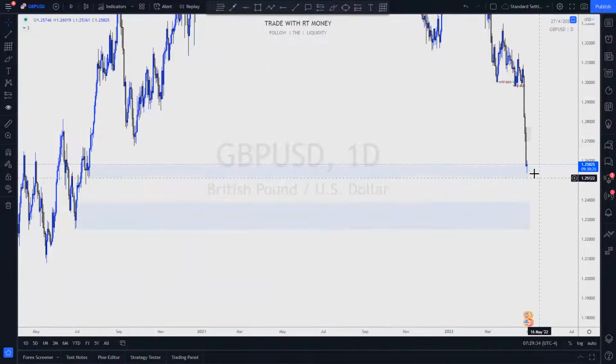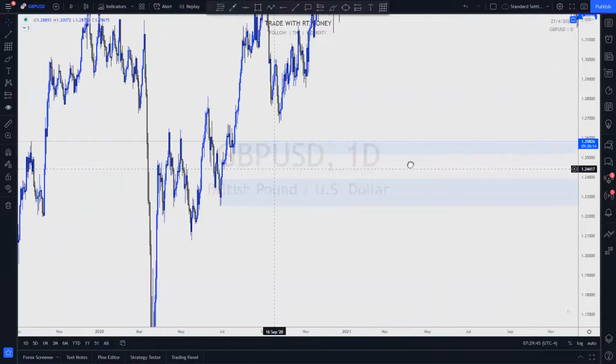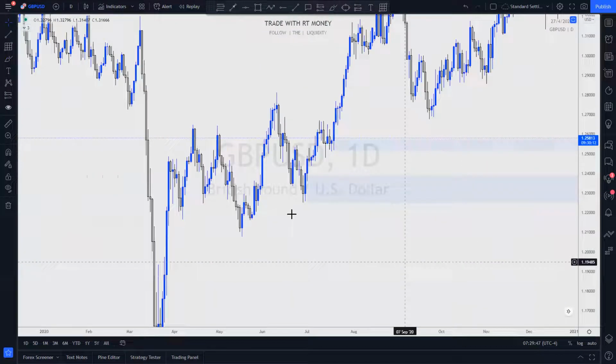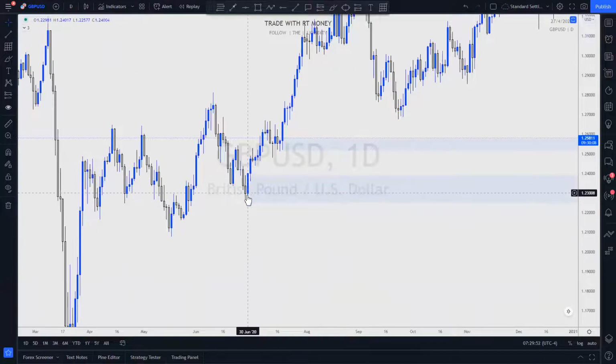Because it penetrated so deeply, there's a good chance that price may violate this zone. So you go to the lower zone, the next bus stop where price could potentially find some sensitivity. I've already marked this zone here.